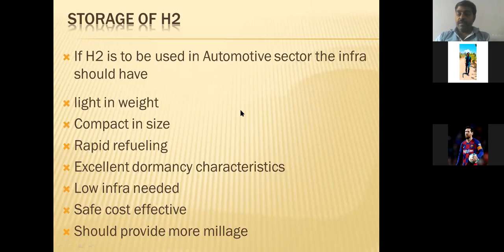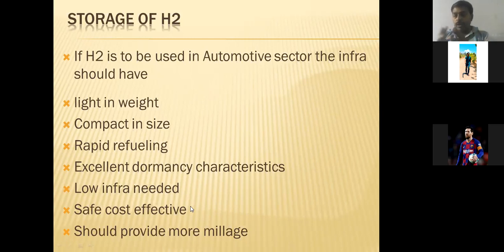That was an additional advantage we have, and it is going to create good mileage. These are the basic advantages. Because of these things, we normally prefer to use hydrogen in our automobiles.